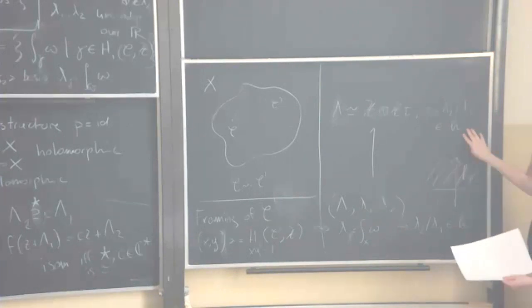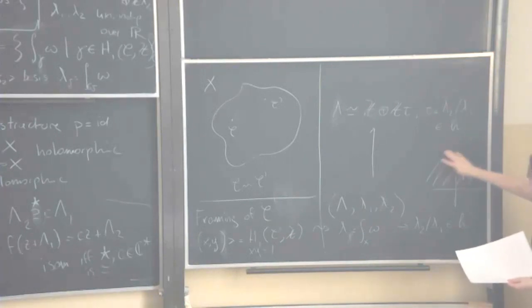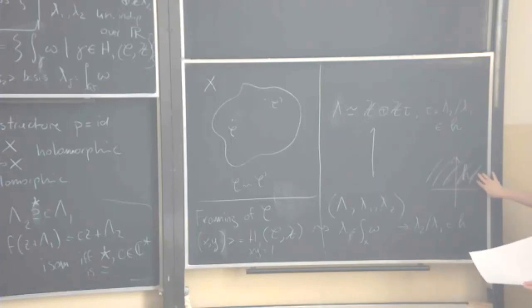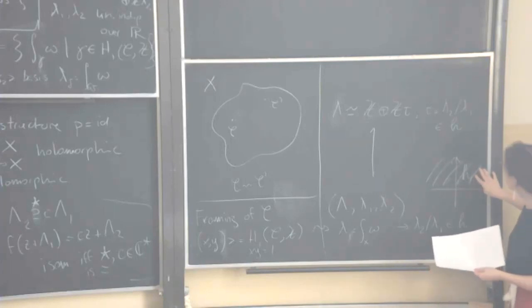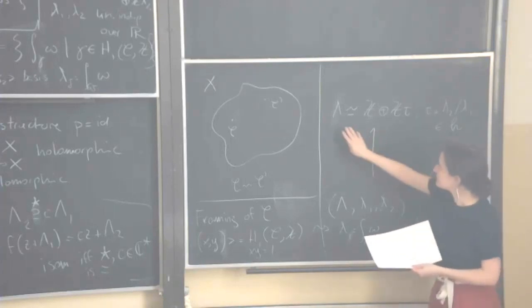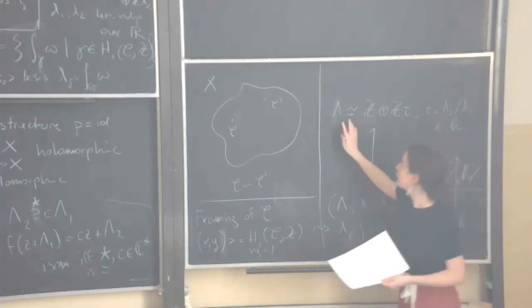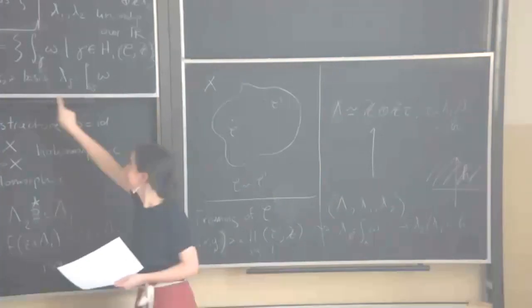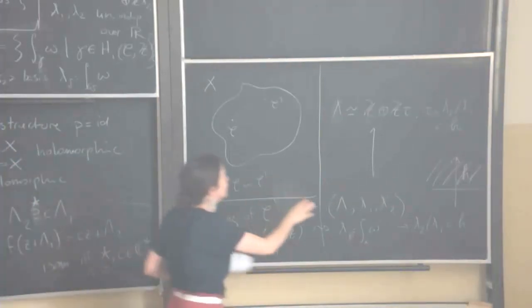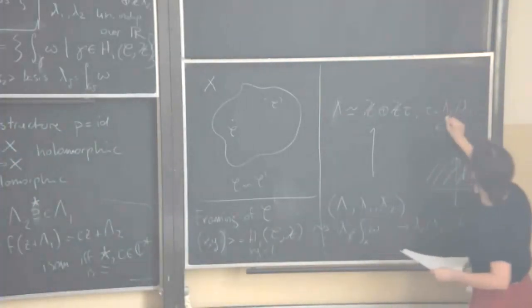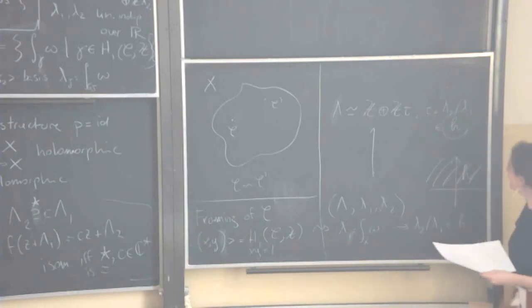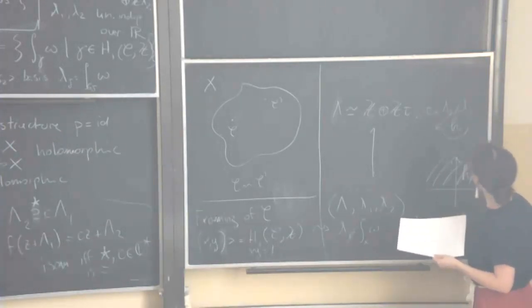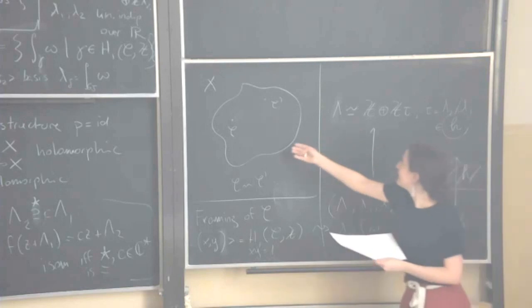We are getting that each point of the upper half space in some sense represents a lattice. And then each lattice represents a curve. So this is pretty close to the object we are trying to describe.